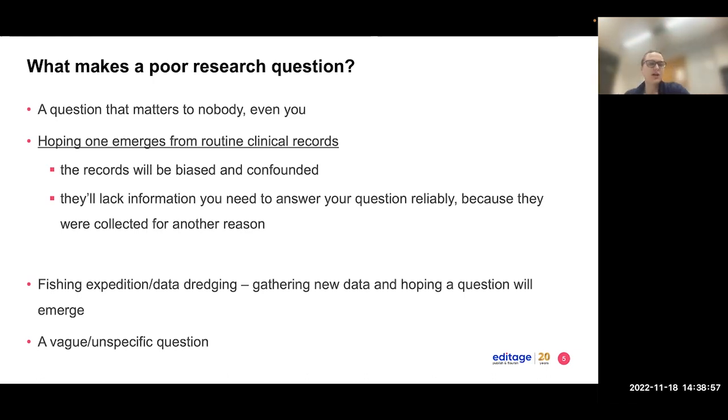But you don't have any promise that something significant will actually come out of it. And then you have vague and unspecific questions as an option of poor research questions. So you are too general or too little general, and the question doesn't really get answered with the data that you have.